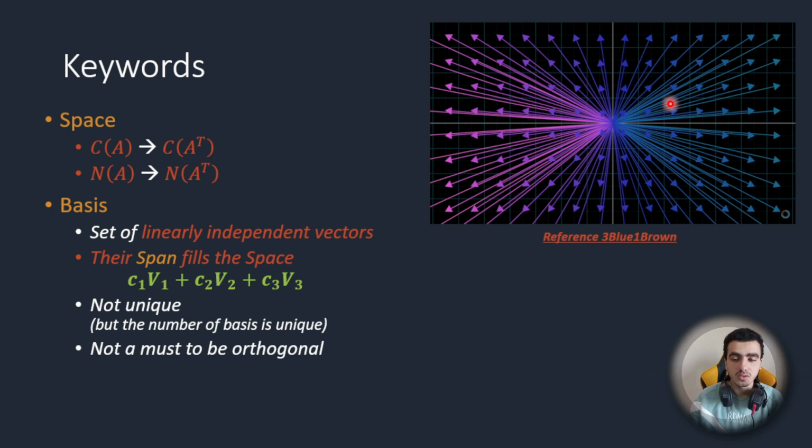It's good to be orthogonal, but they don't have to be. They can be two simple vectors with any angle between them. So the main two points are: they should be linearly independent, meaning they cannot be created from the other ones, and their span should fill the space.